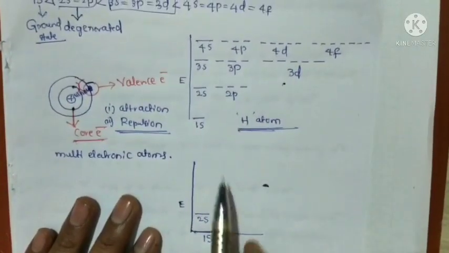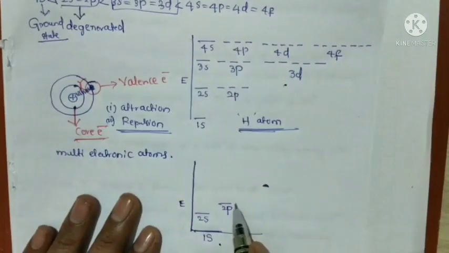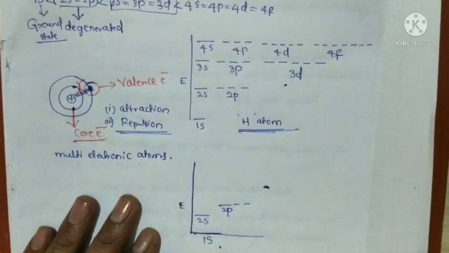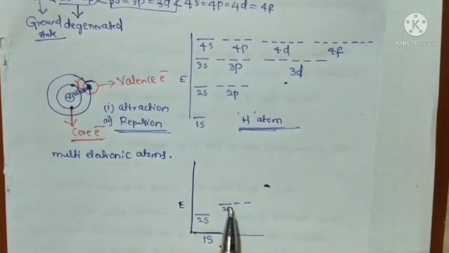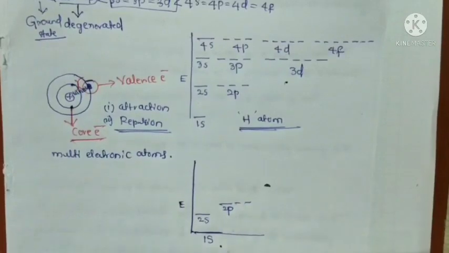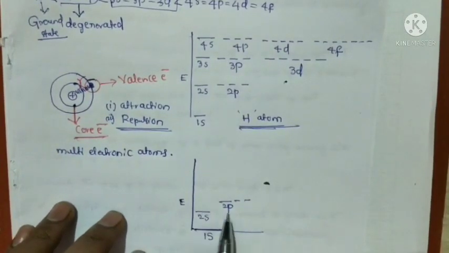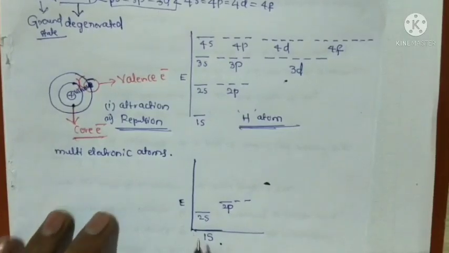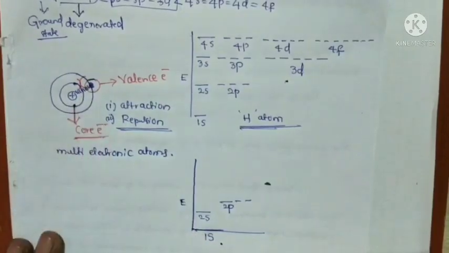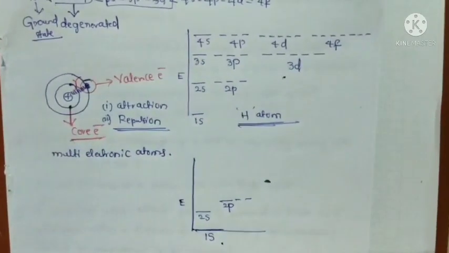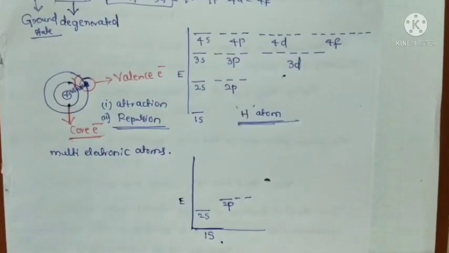In a one-electron system, or for the hydrogen atom, both are the same. 2p has 3 orbitals: 2px, 2py, 2pz. But the energies are different for 2s and 2p orbitals, because two forces are there, attraction forces and repulsion forces, for multi-electronic atoms.